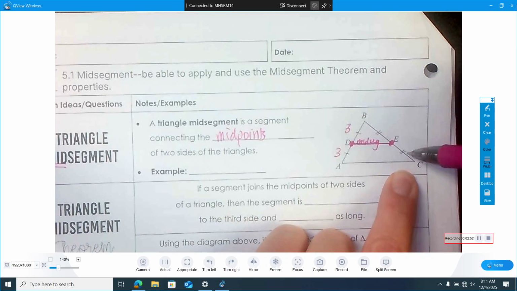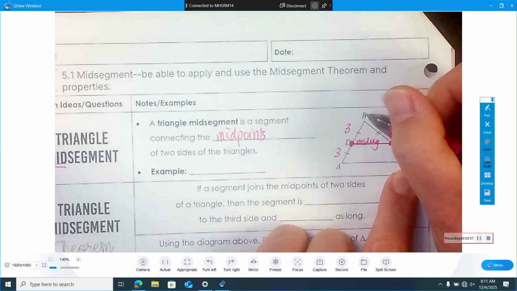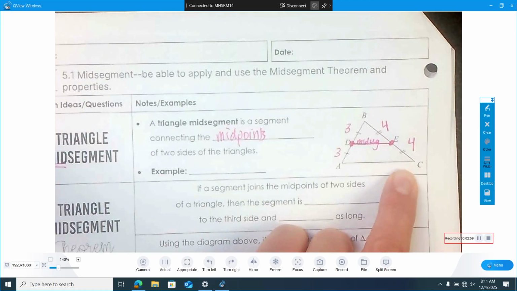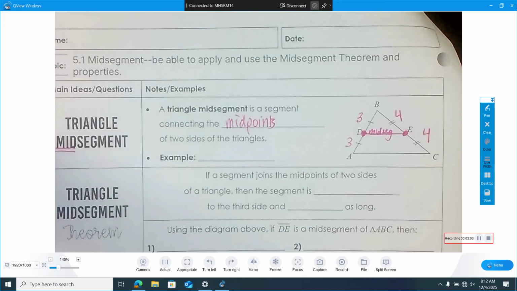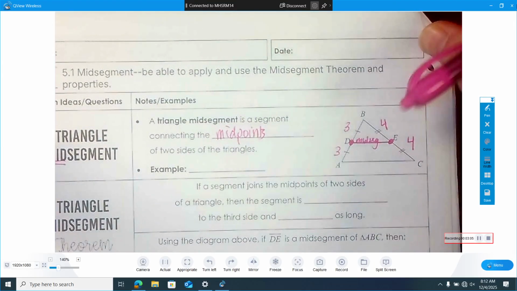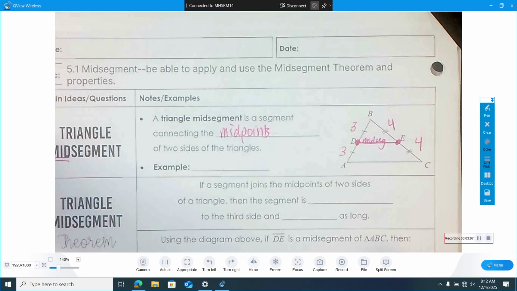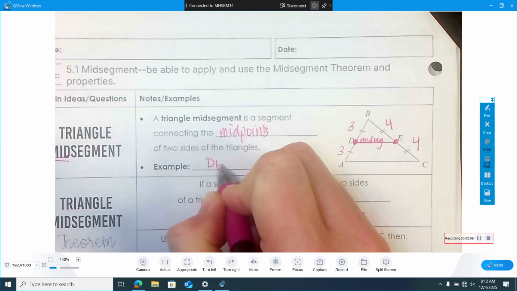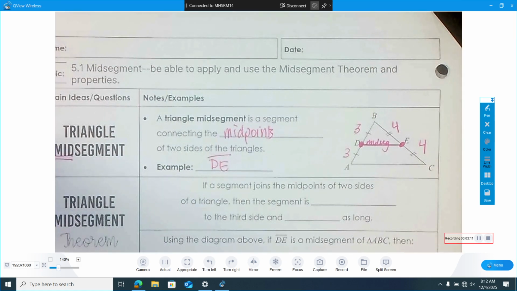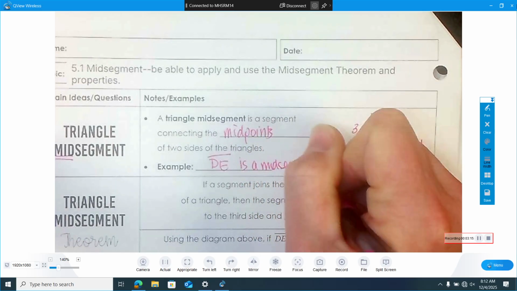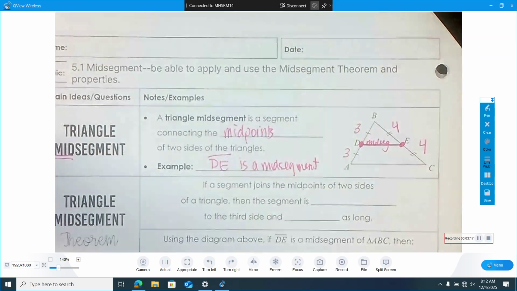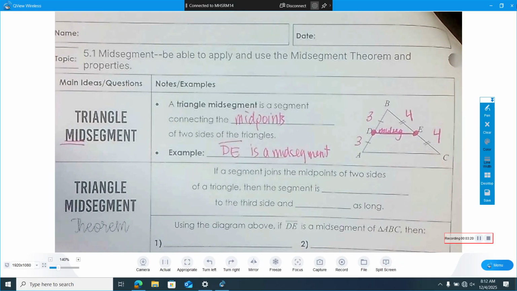These are also congruent, so if this side is 4, BE is also 4, okay? So a mid-segment connects the midpoints of two sides. So segment DE is a mid-segment. And again, you see the word mid, we think middle, right? It's just pretty natural, okay?